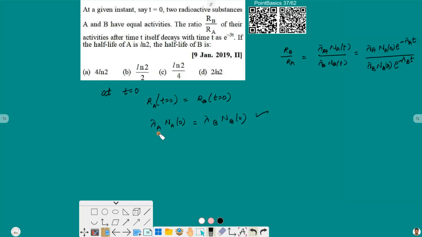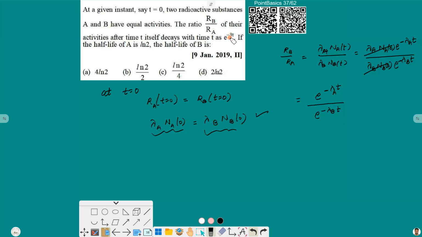Now we know that lambda A and A node is equal to lambda B and B node, which means these terms get cancelled. So this ratio comes out to be e raised to power minus lambda A t by e raised to power minus lambda B t.